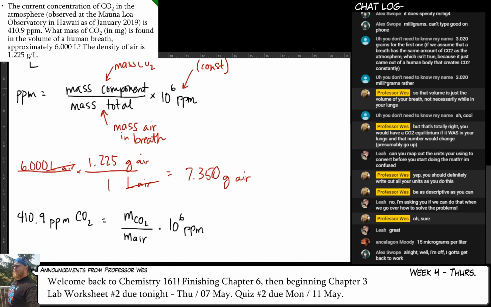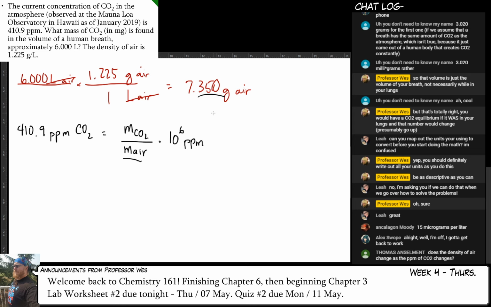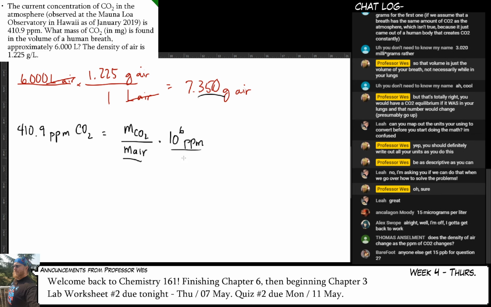Sorry, not mass of the air, that's wrong. I'm just reproducing this formula, just shortening it a little bit. So now this is a number that I know. It's right here. I know this number because it's a constant. I can do the division and just move everything around.